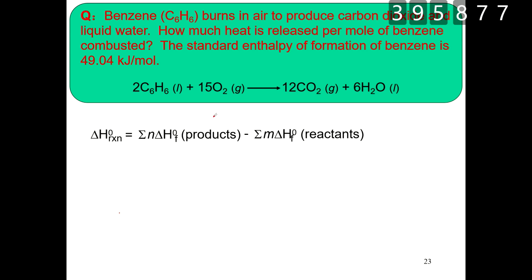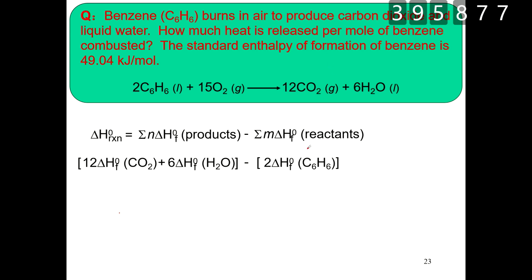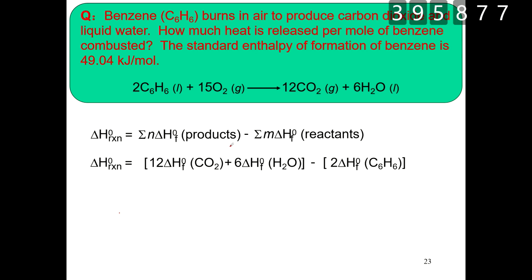So basically, when we calculate the standard enthalpy of reaction, we can use the sum of the products minus the sum of the reactants' enthalpies of formation. Then you can set the coefficients, 12 and 6.